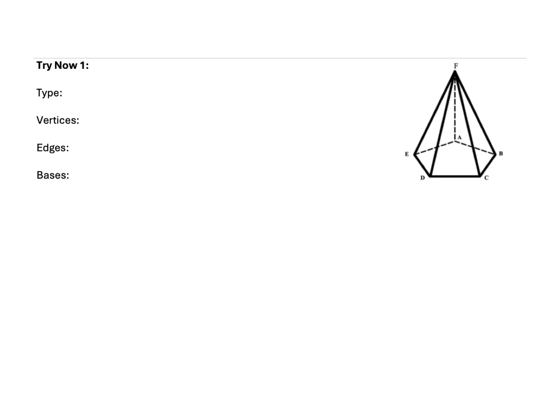On the try now here, you can see that we have another pyramid, but this time our base has 5 sides. So if I look back at my vocab from the previous page, a 5-sided shape that's a pyramid is called a pentagonal pyramid. Pentagonal because the base is a pentagon, and pyramid because you have those triangular faces that come together at a common vertex.